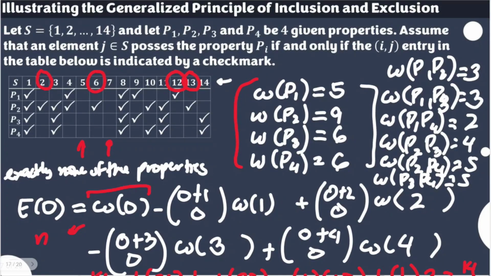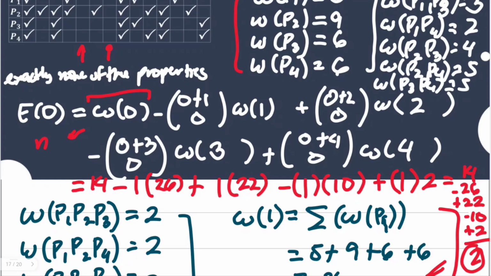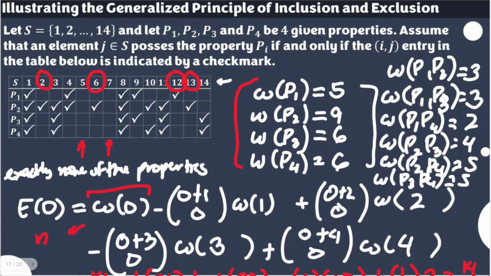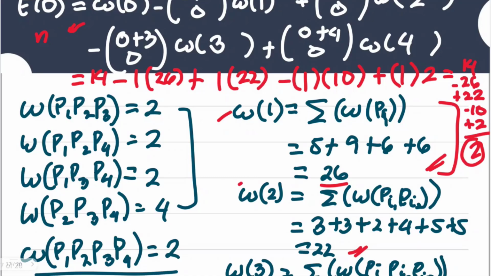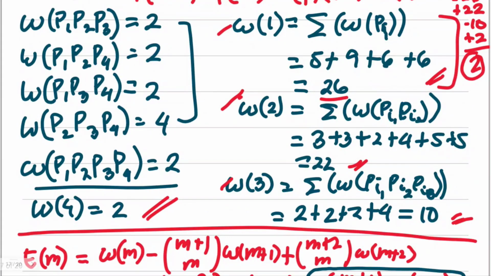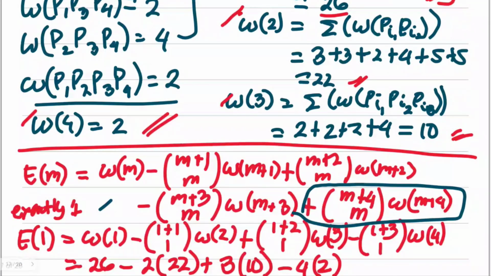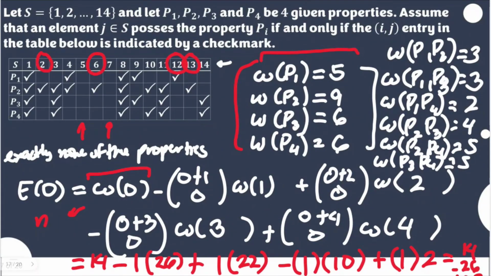Exactly 2 of them are not having any of those 4 properties. So basically, this is the formula for solving using the generalized principle of inclusion and exclusion. We need to get the omegas per property, and then you're going to add them to get the corresponding value for m properties.